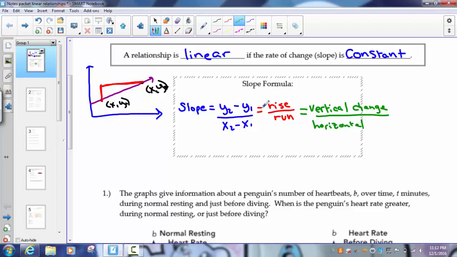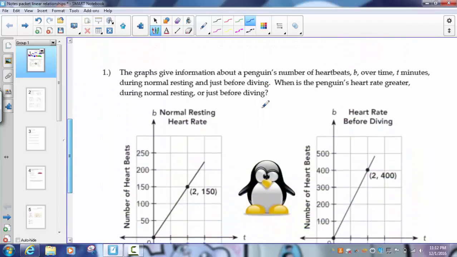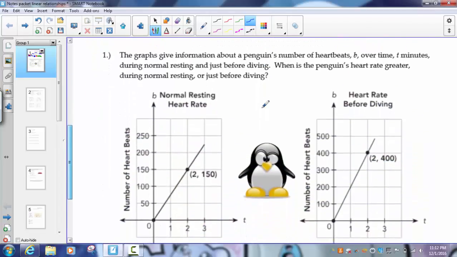Okay? So if you're not already given the constant rate, we can calculate it by picking out 2 points from the line and using the slope formula to see how fast it's going up. Okay? So let's try an example to see how that works. Down here we have 2 graphs for the number of heartbeats over so many minutes.